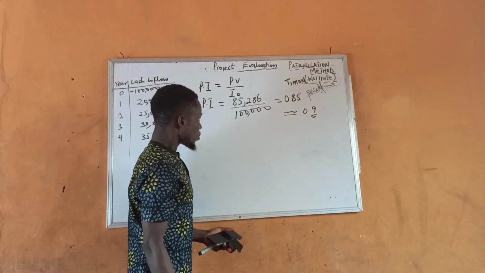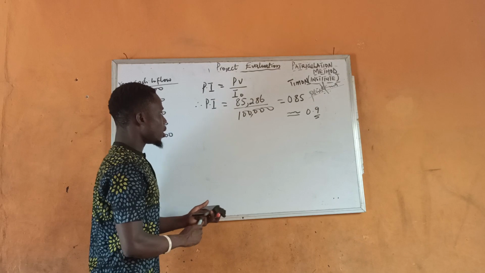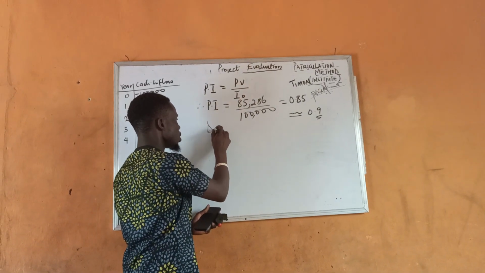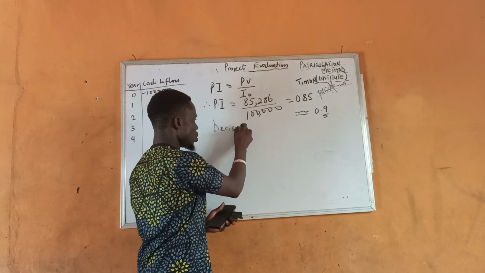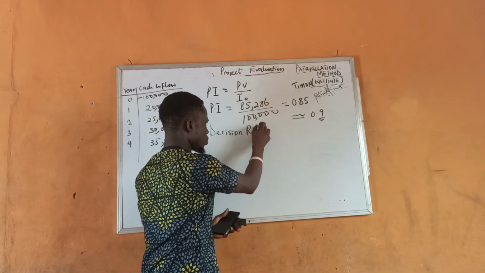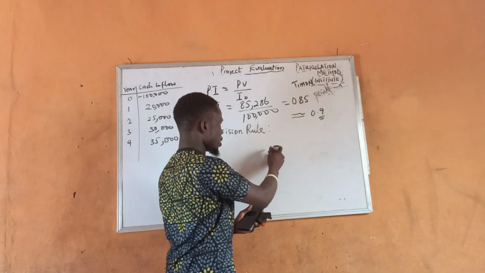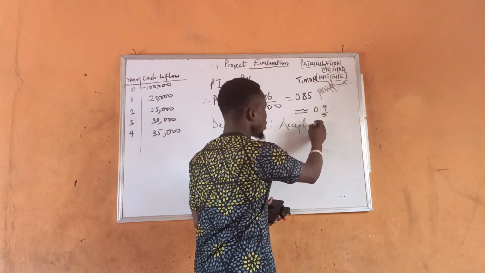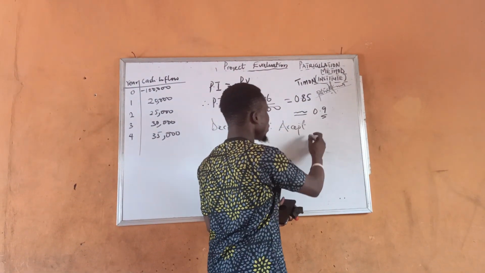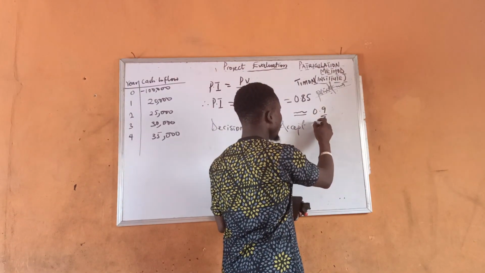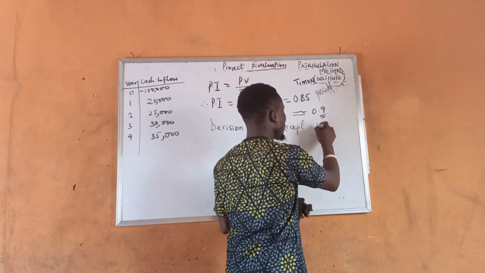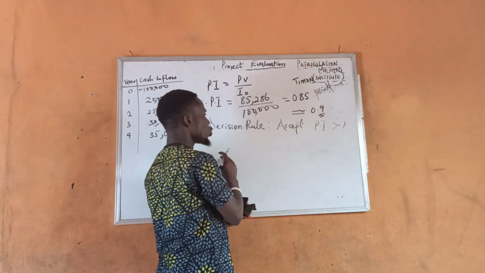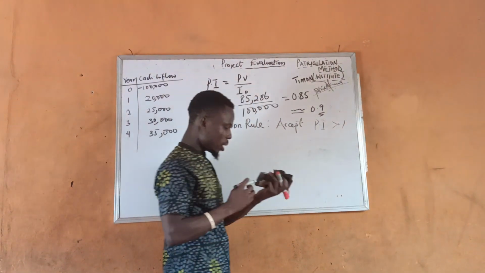Now we say from our decision rule, the decision rule under this case says we should accept the project if PI is greater than 1, then we should reject when it's less than 1.